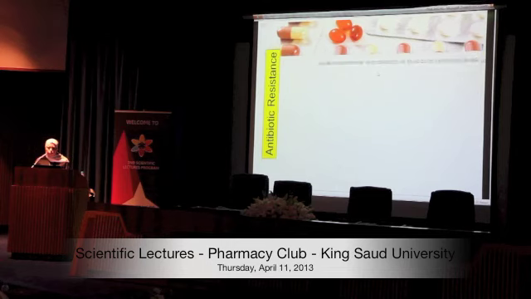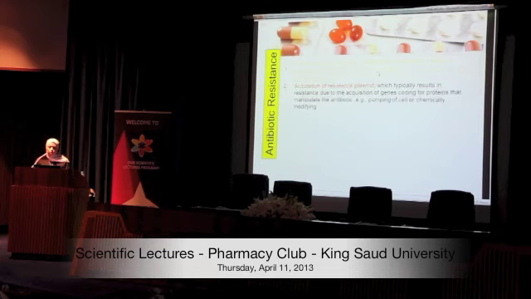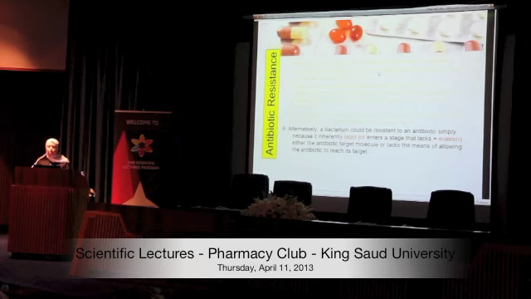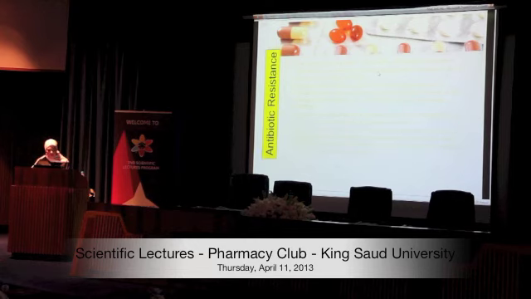So we talked together today about the general mechanisms of acquisition of antibiotic resistance: chromosomal mutation, acquisition of resistance plasmids, acquisition of modification genes by horizontal transfer, as well as lacking the target itself through natural or inherent resistance.